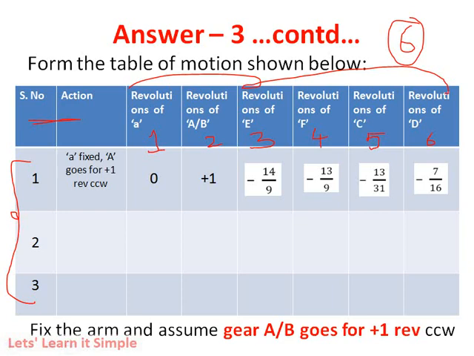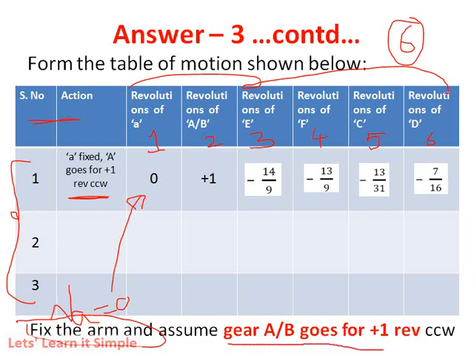Now in the first row, which is common, and the step we have discussed in the previous two videos as well, we will be fixing the arm. Fixing the arm means the speed of the arm is assumed to be 0. So that is entered in this cell. And one more assumption: the compound gear AB goes for +1 revolution.